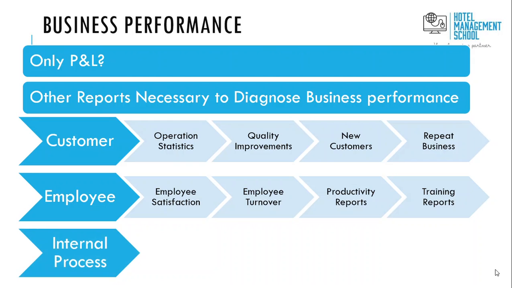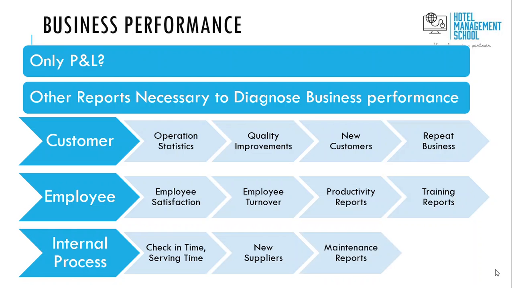Then you have some internal processes, which means check-in time, serving time: how much time it takes to check in a guest, how much time it takes to take an order and serve it, and new suppliers. Are we taking new suppliers, or are we relying on certain particular suppliers? Maintenance reports: are we doing enough preventive maintenance, or not, because that will affect the property's ability to sustain in the future.